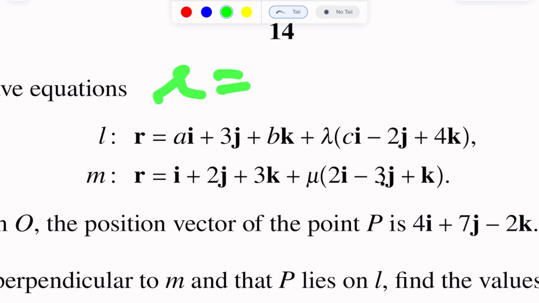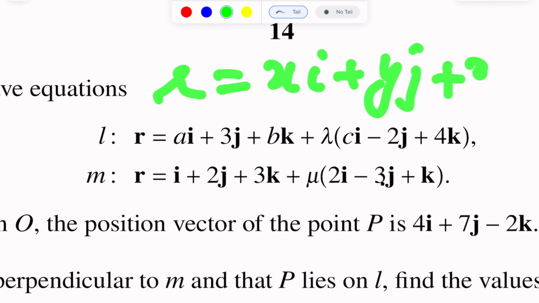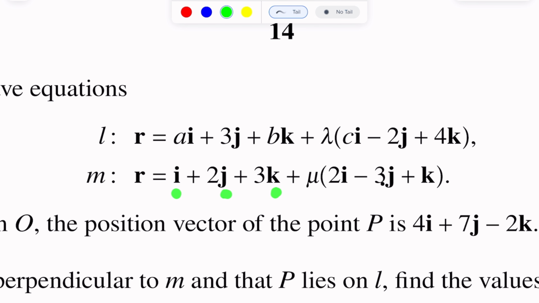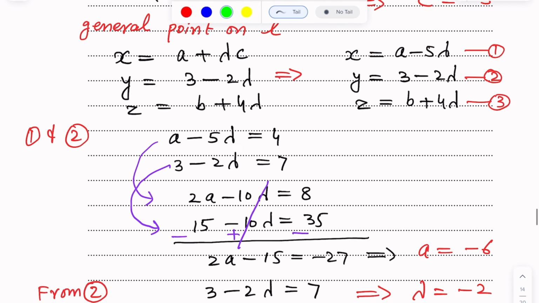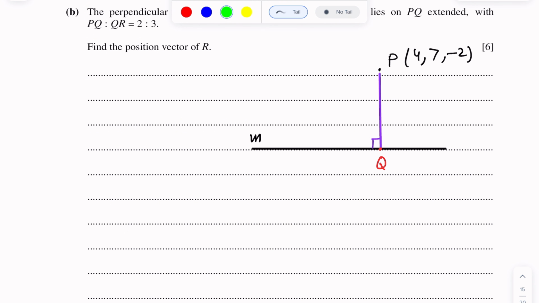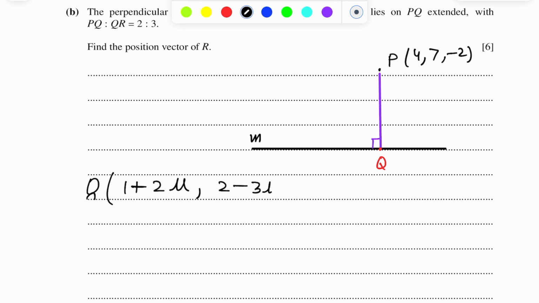Again r is equal to xi plus yj plus zk. Comparing the coefficients of i, j and k, we are taking Q as a general point, so its coordinates will be: x coordinate, comparing the coefficients of i, 1 plus 2 mu; y coordinate 2 minus 3 mu, comparing the coefficients of j; comparing the coefficients of k, we get z coordinate will be 3 plus mu.